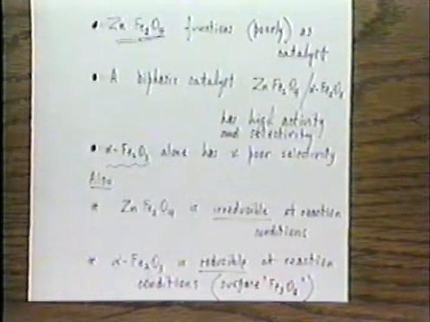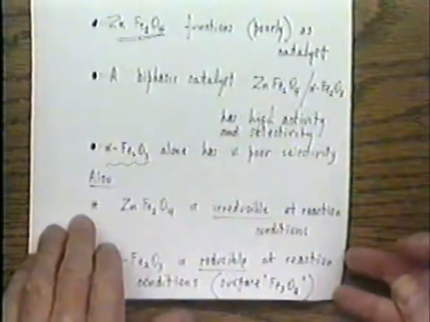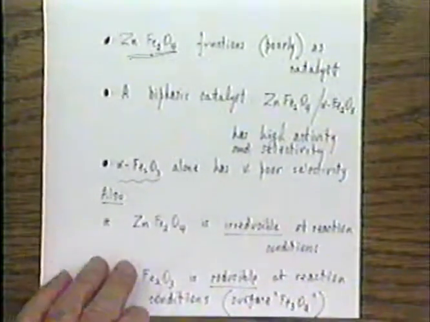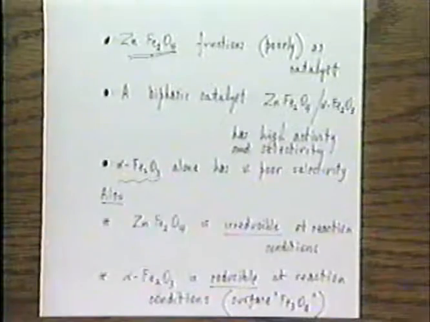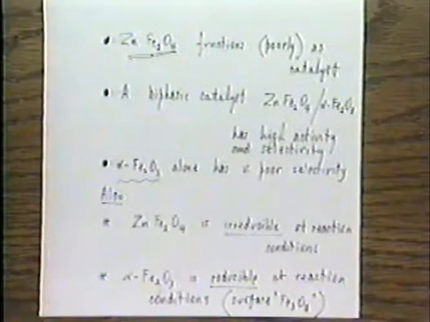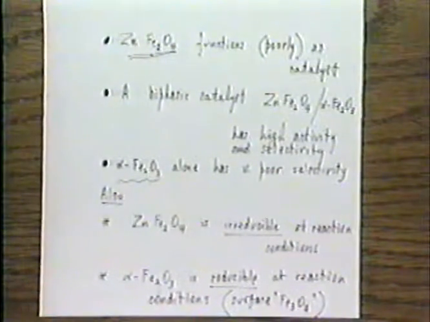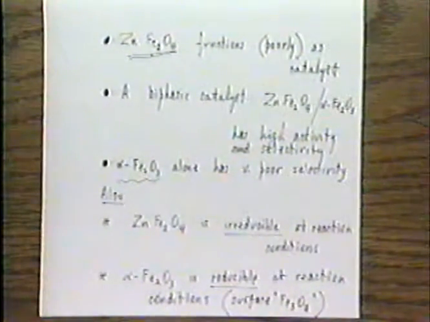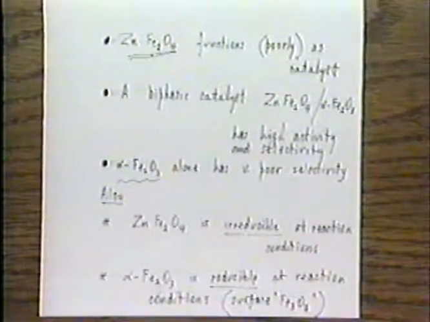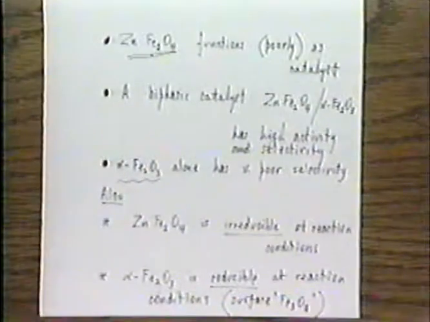And if that worries you, reflect upon the fact that under all these conditions, you can easily generate some surface Fe2+ ions by some sort of parasitic reaction with the hydrocarbon, which might go to CO2. And once you've got some Fe2+ ions, they are retained as an integral part of the catalytic cycle. In other words, there will be a steady state concentration of Fe2+ ions in the surface.